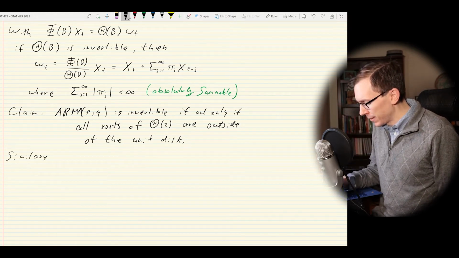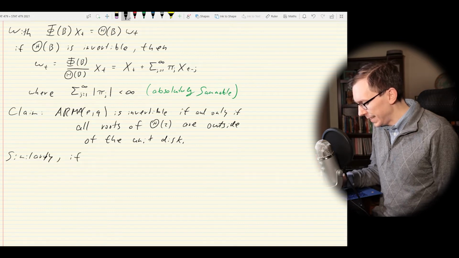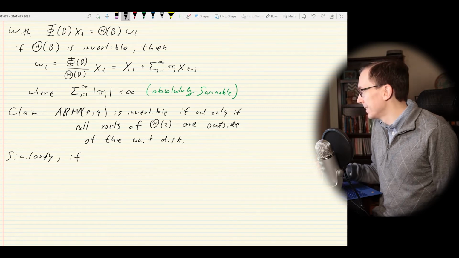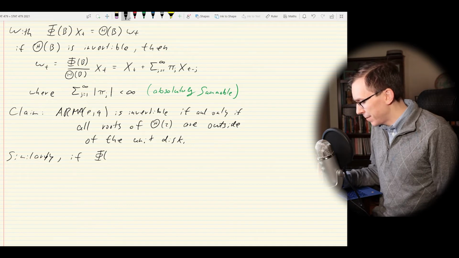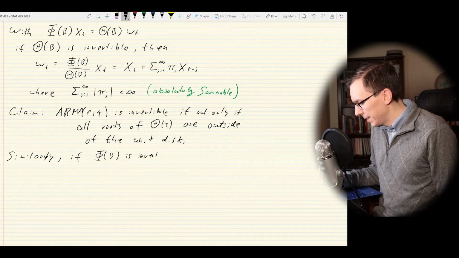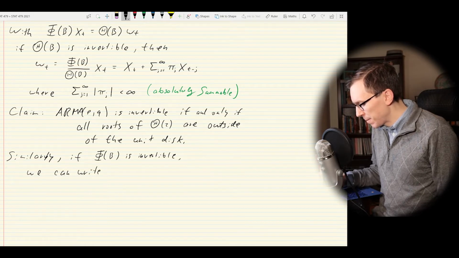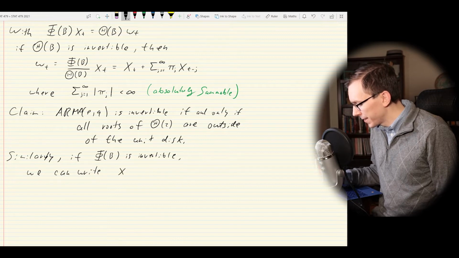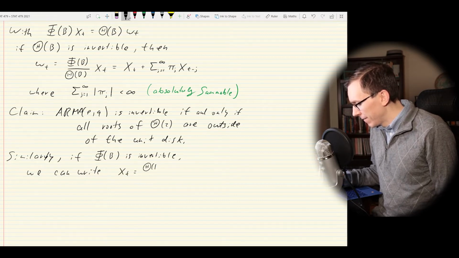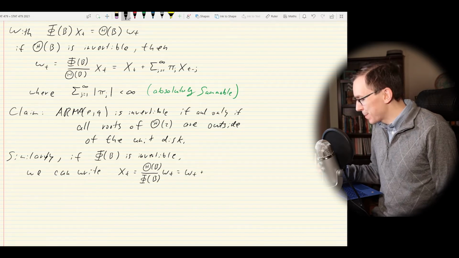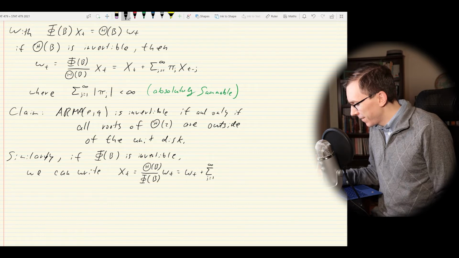So similarly, we say that if phi of B is invertible, invertible in the sense of an invertible operator, then we can write that x_t is going to be theta of B divided by phi of B applied to w_t, and we can write that in terms of a causal linear process, which is going to look like the sum j from 1 to infinity of psi_j w_{t-j}.